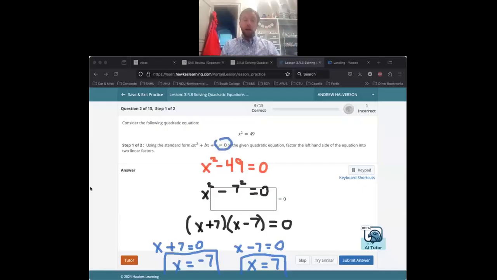And if it's not, you got to get it there. Step 2, factor it. And step 3, set each factor equal to 0 and solve for x.